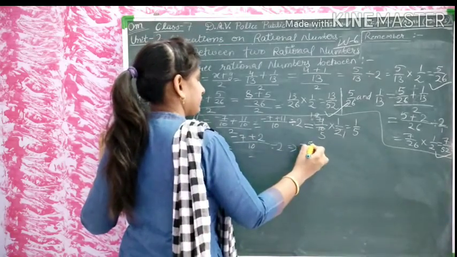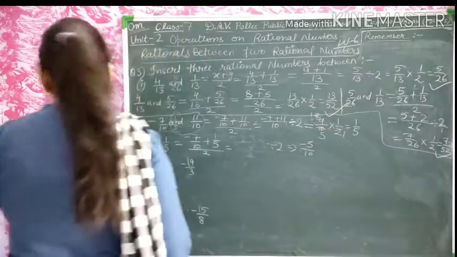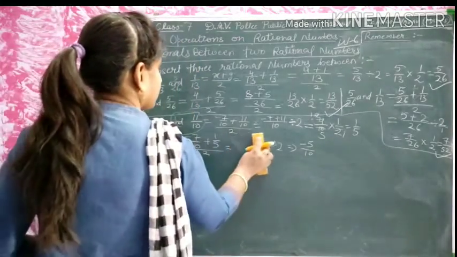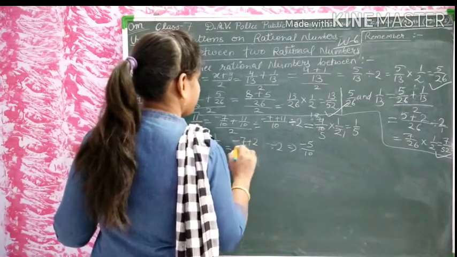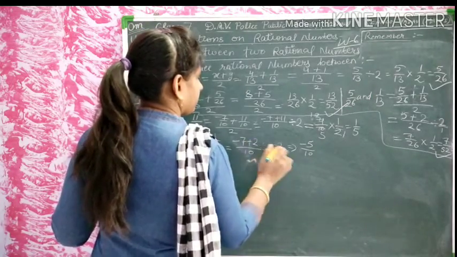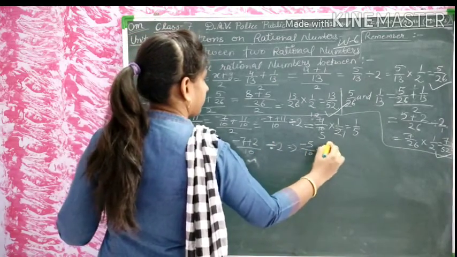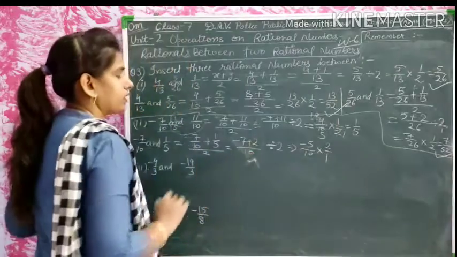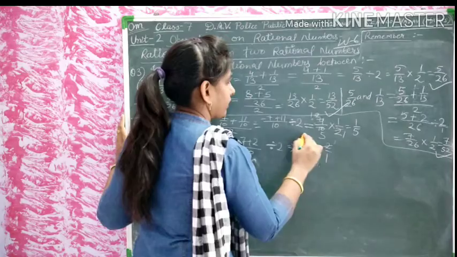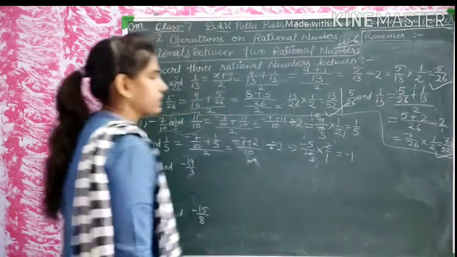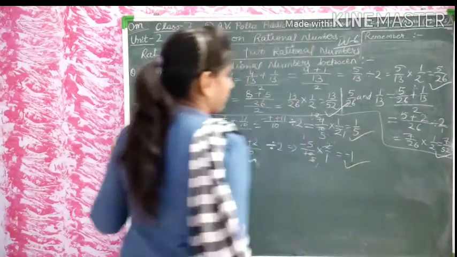It means minus 5 by 10 divided by 2, and it will multiply 2 by 1, minus 5 by 10. Now 2 1s are 2, 2 5s are 10, 5 1s are 5, 5 1s are 5, and we will get minus 1. One number we get here is minus 1, and one is 1 by 5.